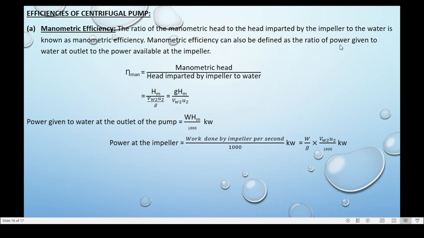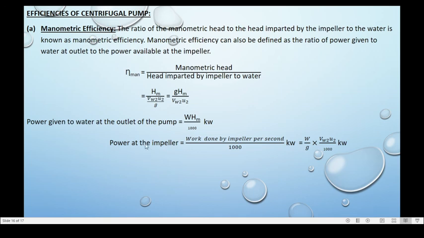Manometric efficiency can also be defined as the ratio of power given to the water at the outlet divided by power at the impeller. Okay, so the power given at the outlet is W Hm divided by 1000, where W is the weight of water.